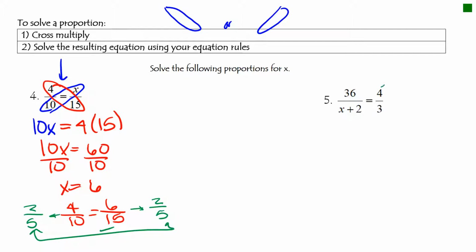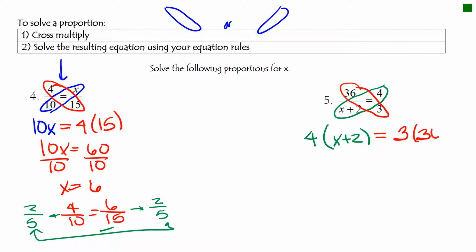All right, on this one, I'm going to multiply this one first. When I do that, it's 4 times the entire x plus 2, so you have to write it in parentheses. Then I'm going to multiply this one. It's equal because they told me so. 3 times 36.